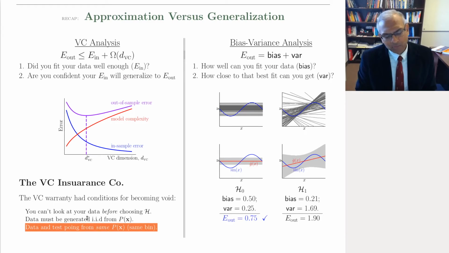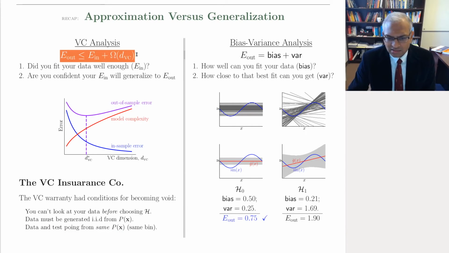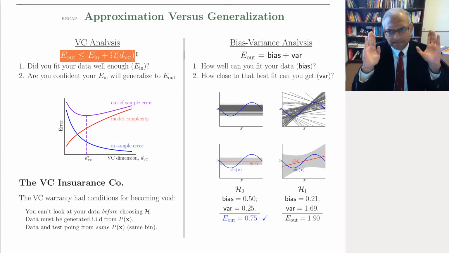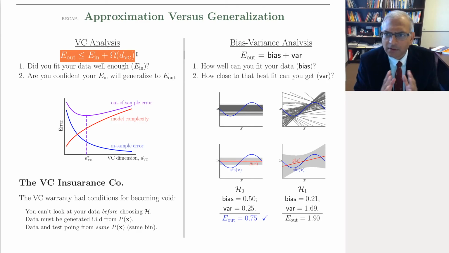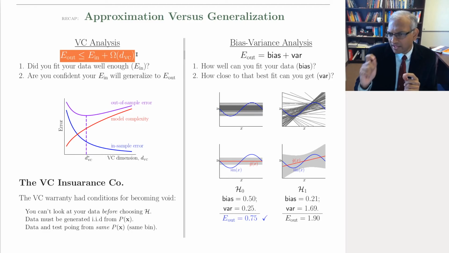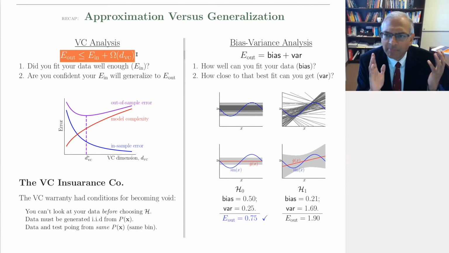And we may ask, what happens if these assumptions, these conditions are violated? Does it mean that the VC analysis is approximately true if I approximately violate these conditions? Anything can happen. That's the Wild West now. There's no almost violating these conditions and an almost valid VC warranty on E_out. There's no such thing. If you violate the fact that the training data are coming from your test distribution, we have no idea what's going to happen to your E_out.